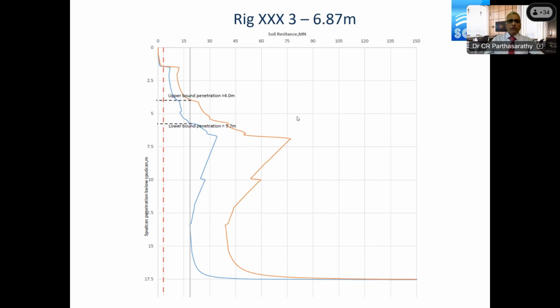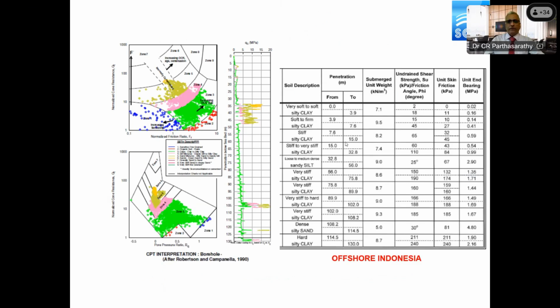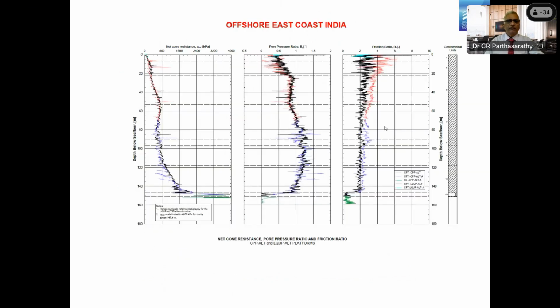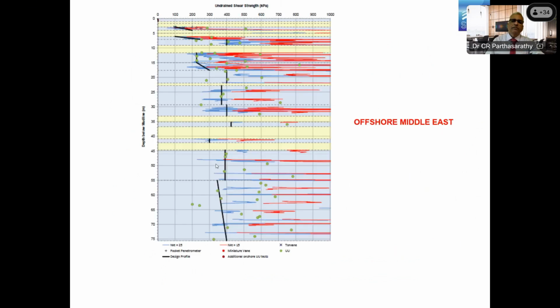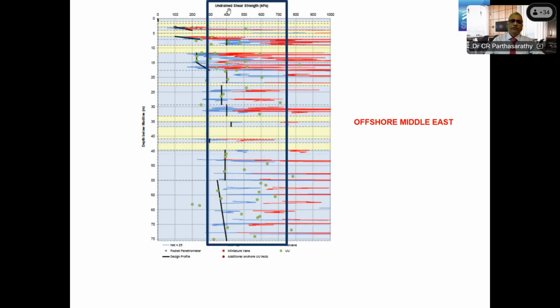Okay. So you have seen the stratigraphy in Southeast Asia is normally consolidated profile with more linearly increasing shear strength with depth. If you come to the east coast of India, it's 1 megapascal up to around 100 meters, and the overconsolidation ratio is less than 0.5. But if you go to the Middle East, the shear strength is around 400 kilopascal and above.